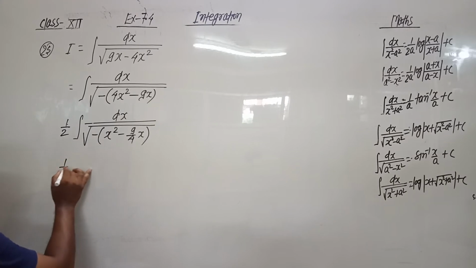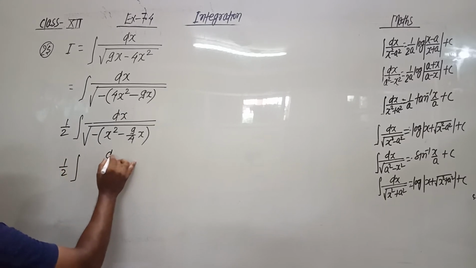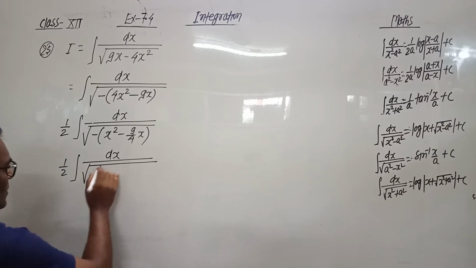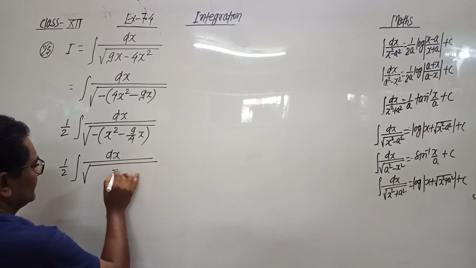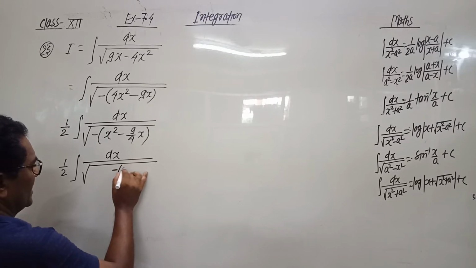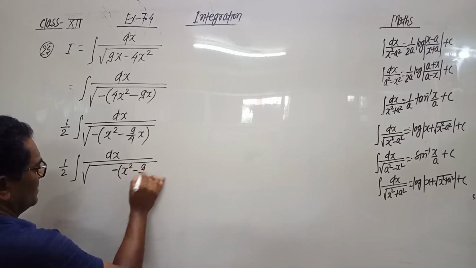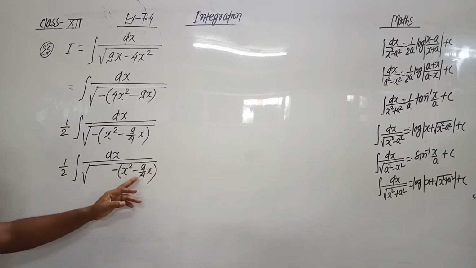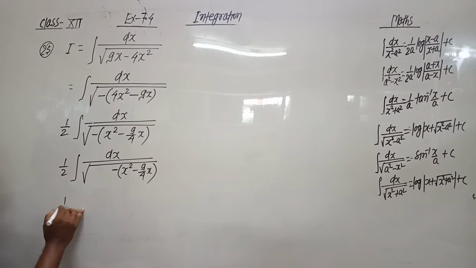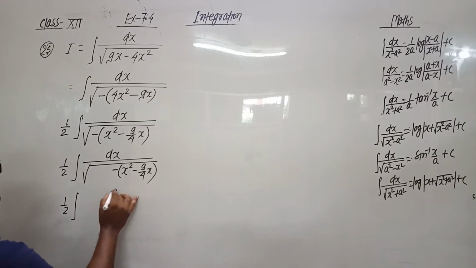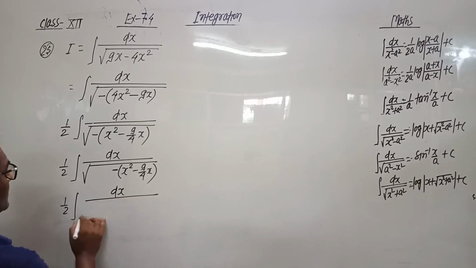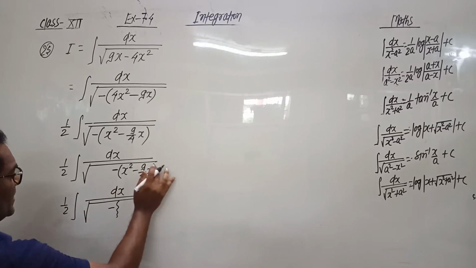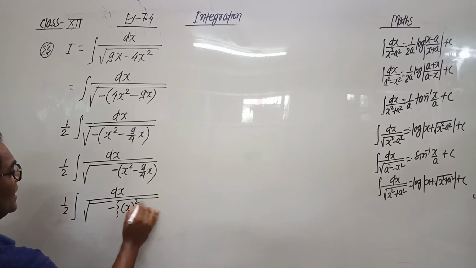Now 1 by 2 integration dx upon under root of, we leave the space, then the term would be written x square minus 9 by 4x. Then we make the square form. So 1 by 2 integration dx upon under root of minus, to make the square form, x the whole square.